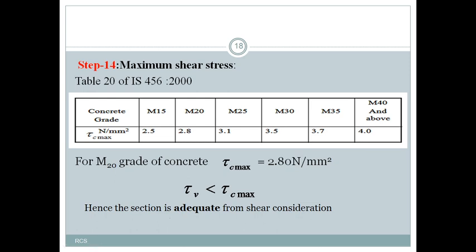If the situation is reversed, that is, if tau V is greater than tau C max, then we have to revise the dimensions of the beam and calculate further. In this design, our nominal shear stress is less than tau C max, so we can go for the next step. It is adequate from the shear consideration.